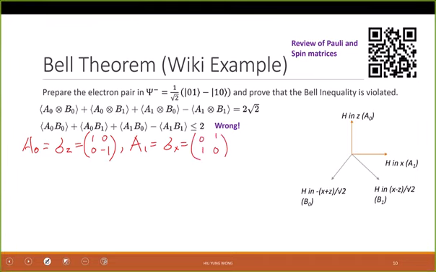Now, what is the matrix for B0 then? Do you remember how to find it? This becomes finding the operator of the spin matrix in a direction corresponding to the real 3D space direction here. Do you remember the equation?